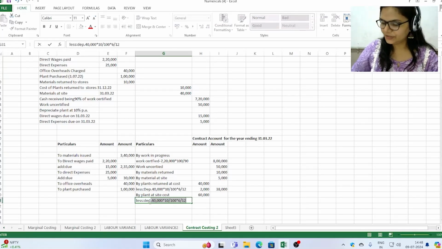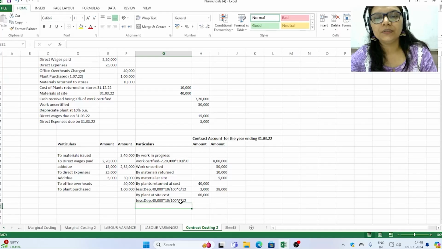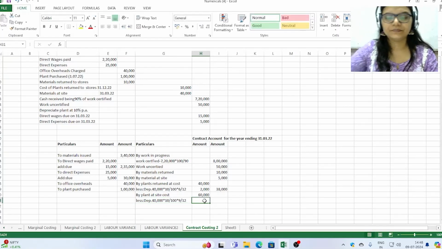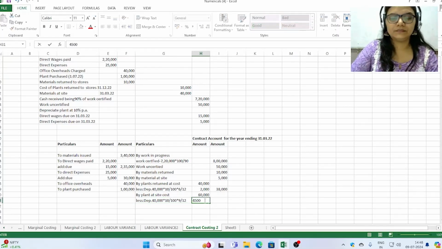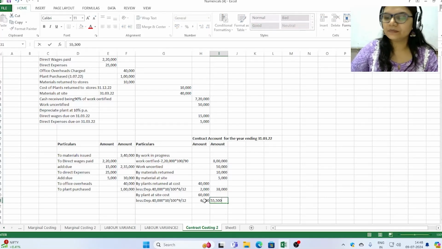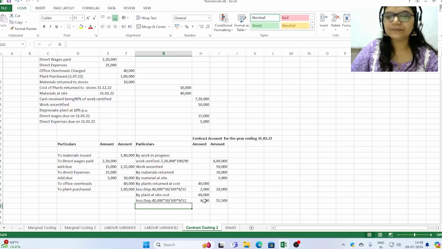Less depreciation, which will be 60,000 into 10 by 100 into 9 by 12, which comes out to be 4,500. That gives 55,500.